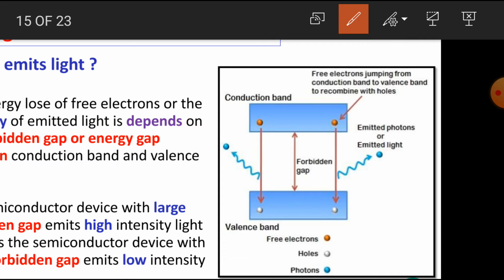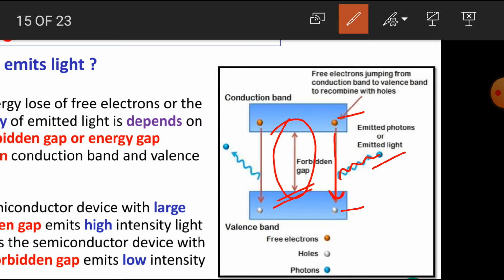Let's see once again. The electrons in the conduction band have a higher energy level and the holes in the valence band have a lower energy level. When the electron jumps from the conduction band to the valence band, it emits its excess energy in the form of light, or in the form of a photon. The intensity of the emitted light depends on this gap, which is known as the forbidden energy gap.